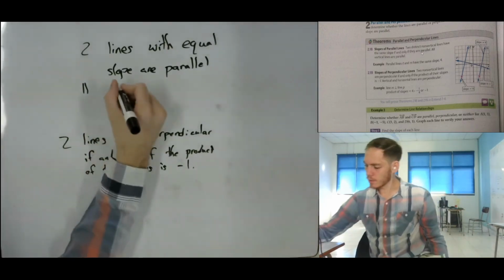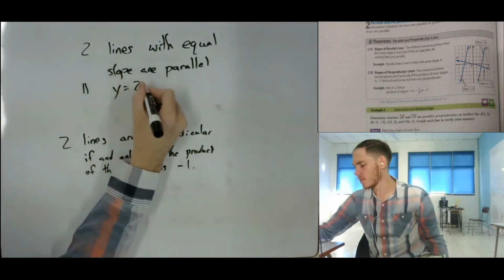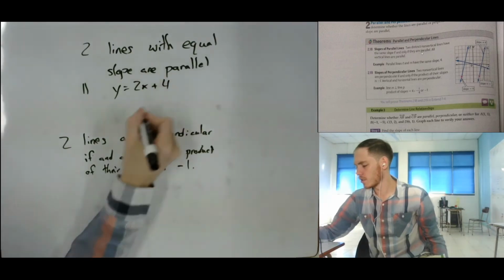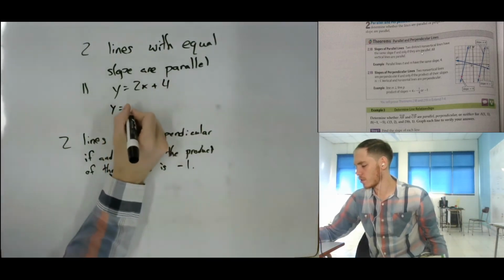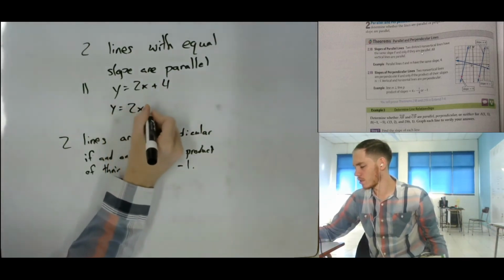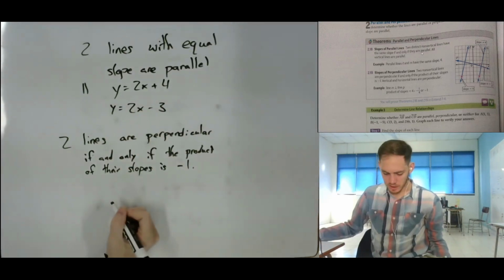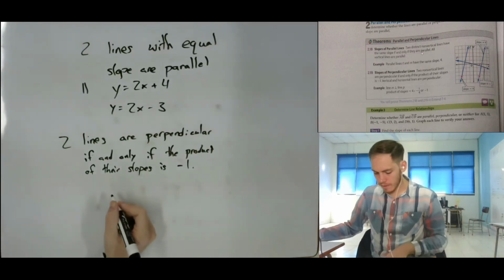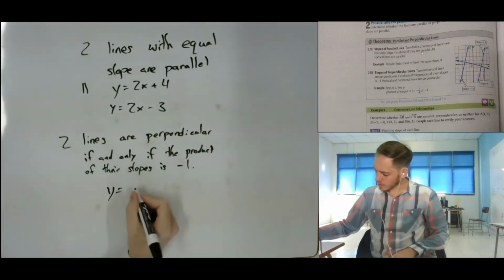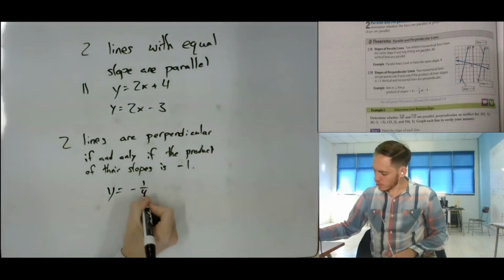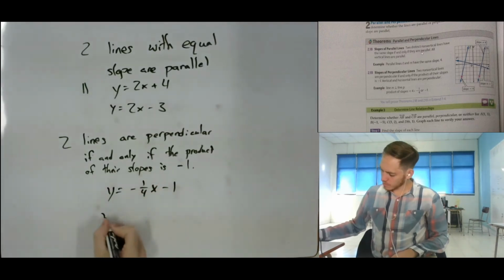So a good example of this is y equals negative 1/4 x minus 1.